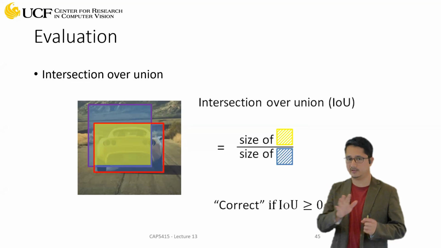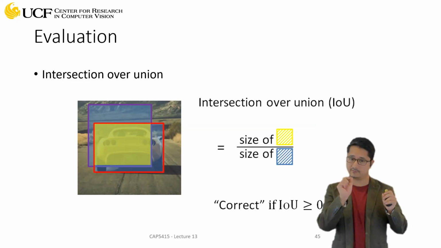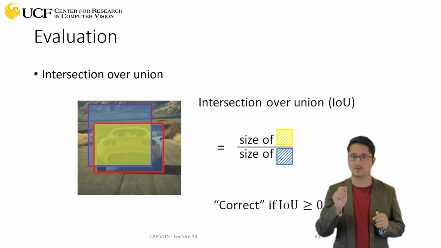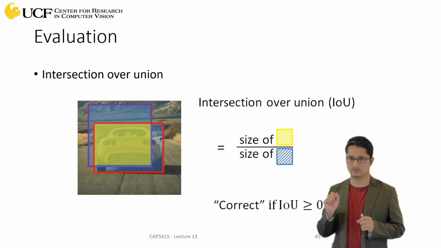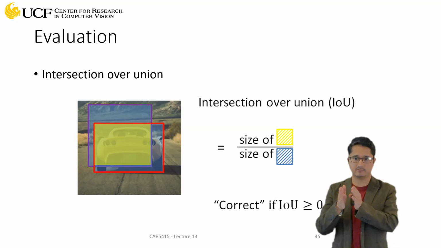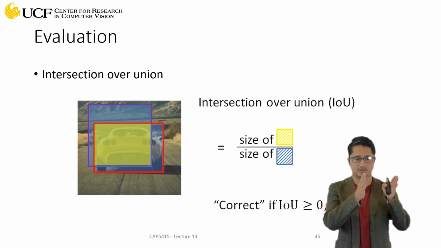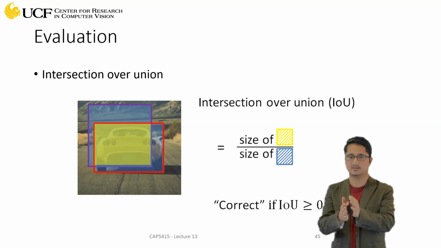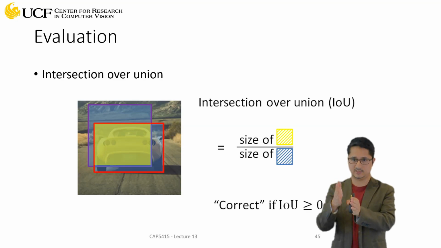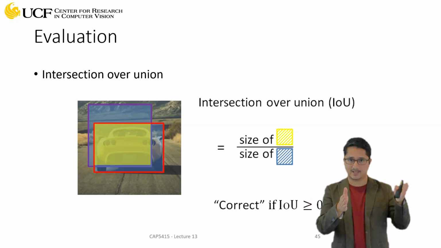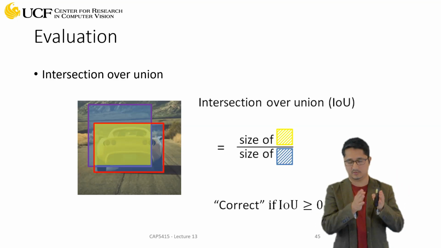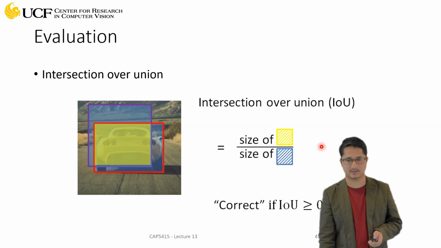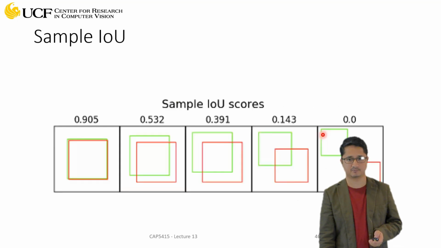That was part of the algorithm, not part of your evaluation. Evaluation starts when you say, okay, this is the model, these are the predictions. Now we are talking about evaluation, but NMS was part of your algorithm.